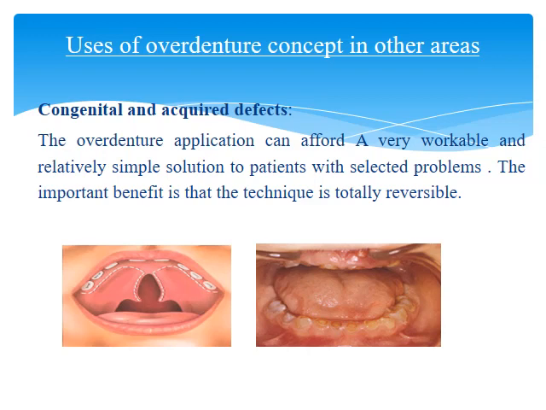The uses of overdenture concept in other areas, like in case of congenital and acquired defects, the overdenture application can afford a very workable and relatively simple solution to patients with selected problems. The important benefit is that the technique is totally reversible.